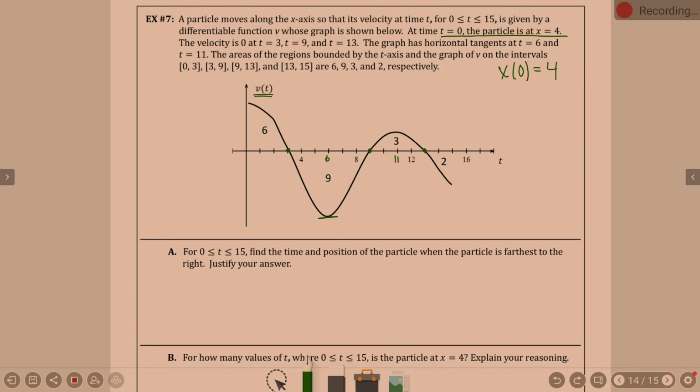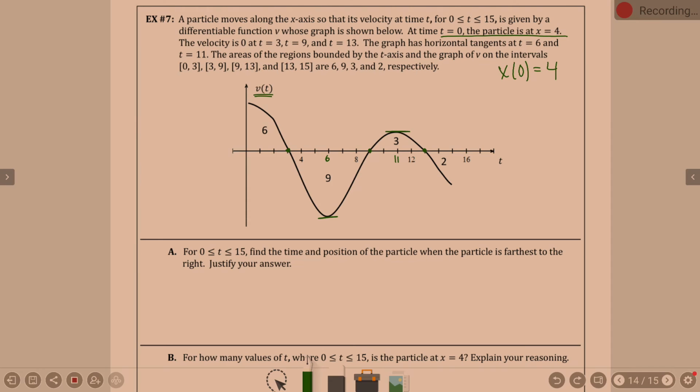Slope is 0. And so that's telling me specifically that there is a min and a max at those respective points. The 3, 9, 13, I was pretty confident on. The min and max, it's nice to have the reassurance that those are the specific points that they do occur at, 6 and 11.